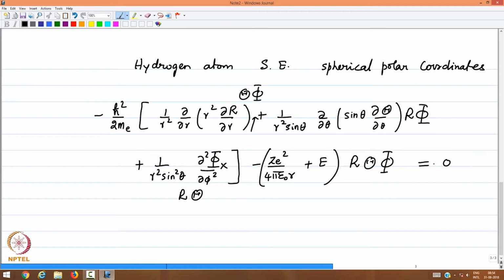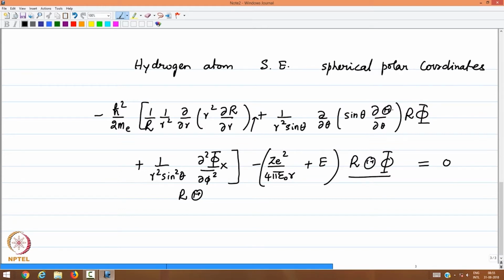Now, if you recall that we separated this by dividing the whole thing with the R theta phi, and what we got was essentially the following equation. So, let me remove this, and what will be left here is a 1 by capital R, because this is of course a derivative function. So, R cannot be cancelled from here.